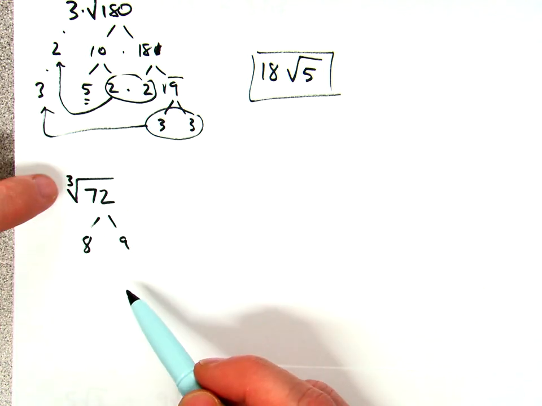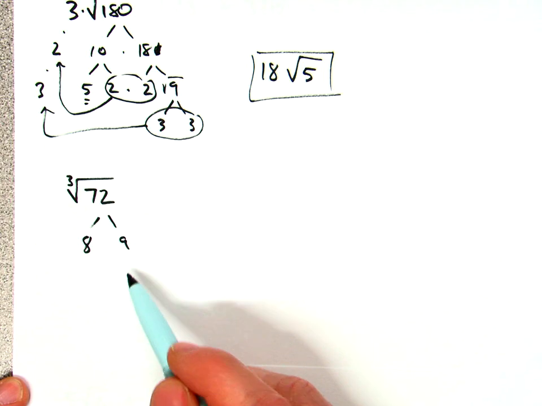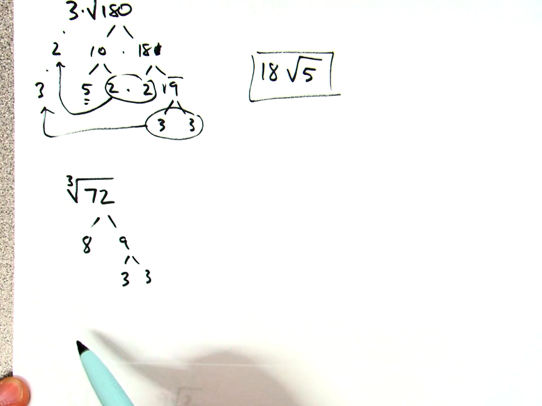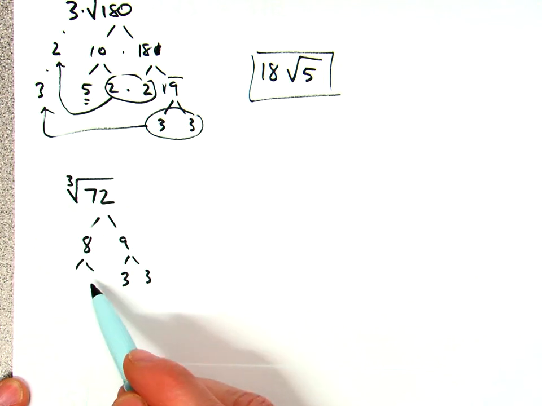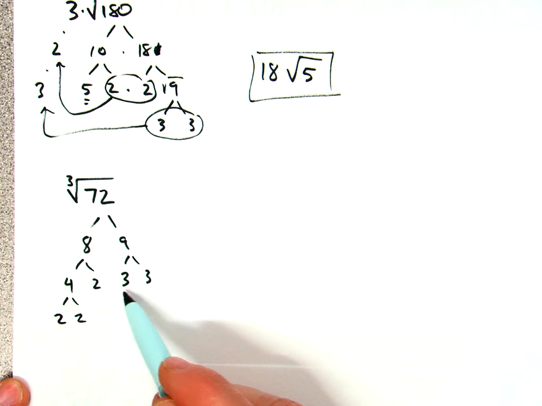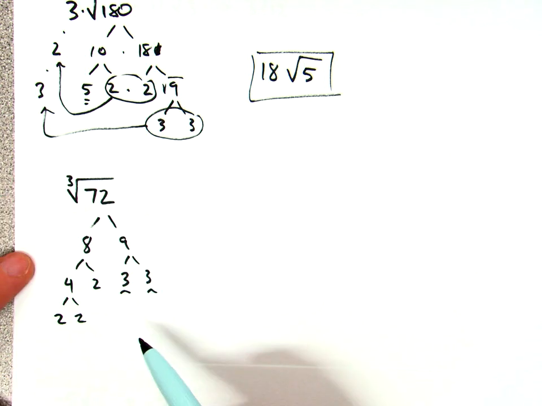But remember, we're looking for cube roots. So we need 3 of the same number, right? So 9 breaks down into 3 and 3. The only thing that this is going to be useful with is if 8 had a multiple of 3, right? But 8 breaks down into 2 and 4, and 4 breaks down into 2 and 2. So even though we have 2 3s, we don't have a third one. So these guys are going to stay there.